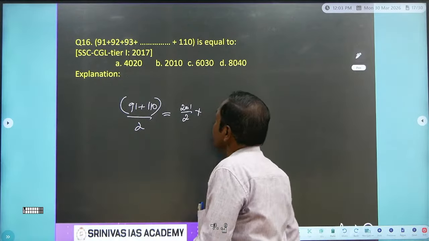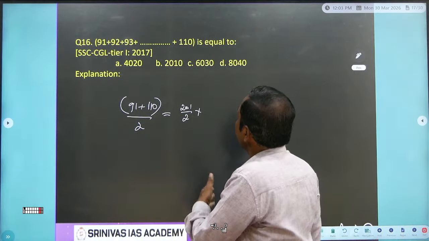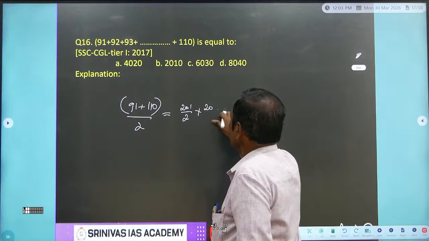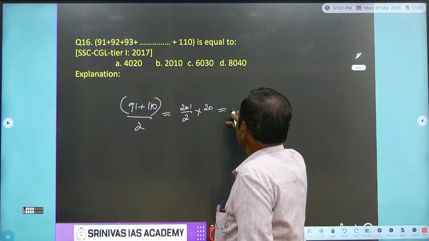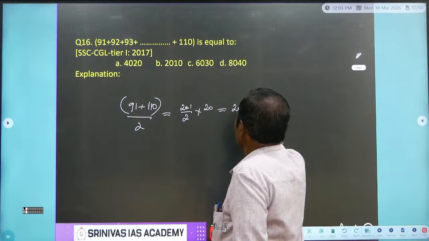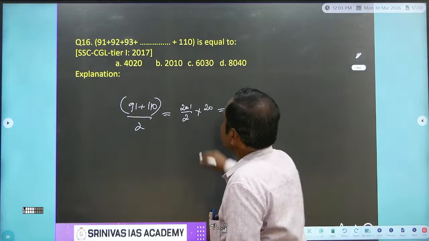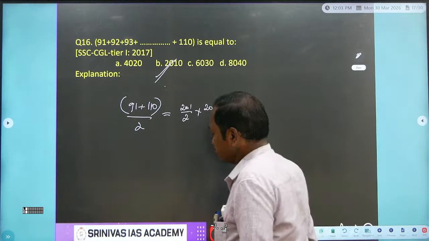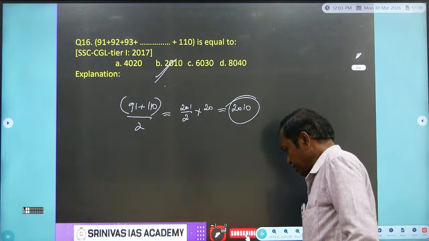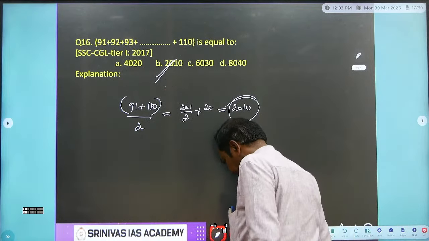How many numbers are there here? There are 20 numbers. So 10 into 201 is 2010, option B. Option B. Yes, next.